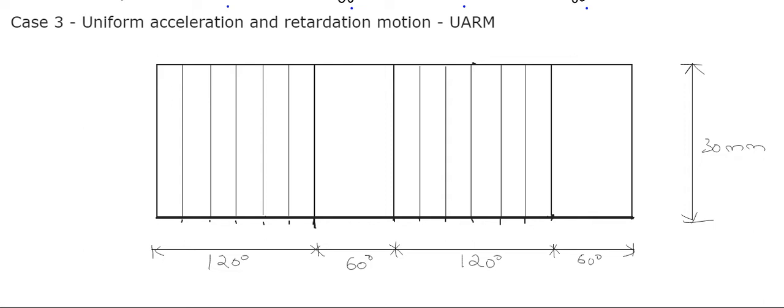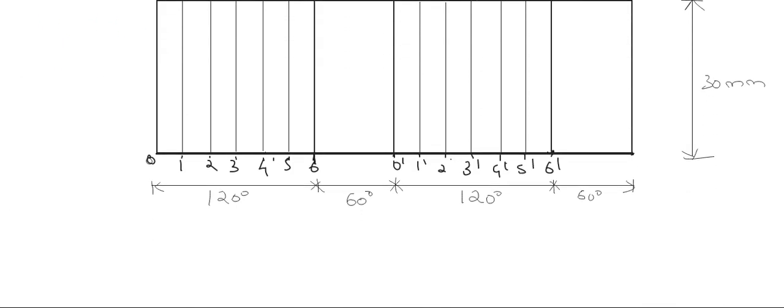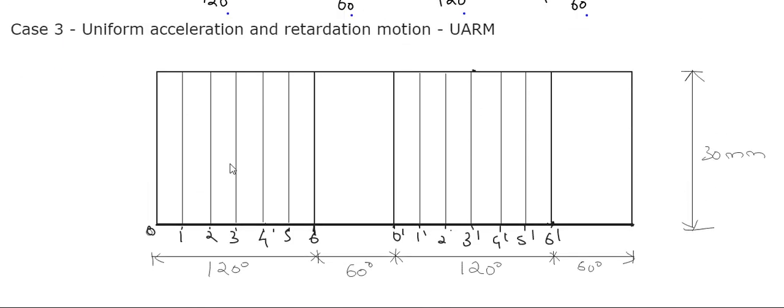Again, if I mark 6 lines for outstroke and return stroke, so even number of lines 0, 1, 2, 3, 4, 5, 6, 0 dash, 1 dash, 2 dash, 3 dash, 4 dash, 5 dash, and 6 dash.